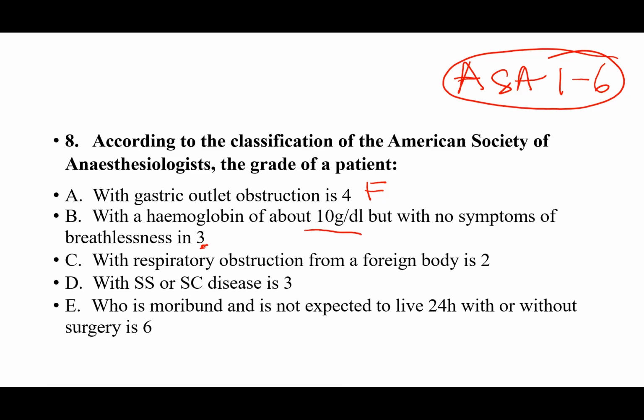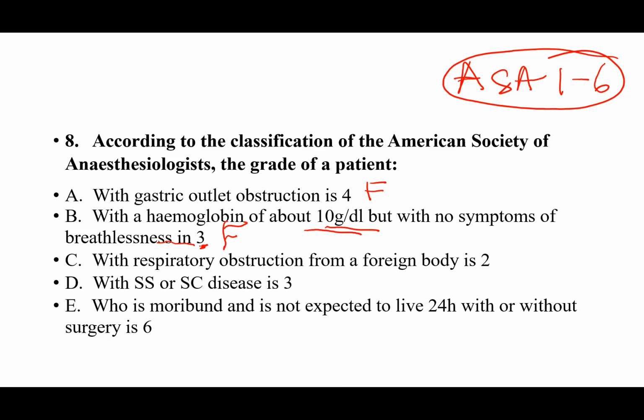No, it's false. It falls under ASA 2. It's a mild systemic disease, because even though hemoglobin is low, there is no breathlessness. It's anemia without breathlessness. If this hemoglobin is 10 and the patient is breathless, that is severe systemic disease.